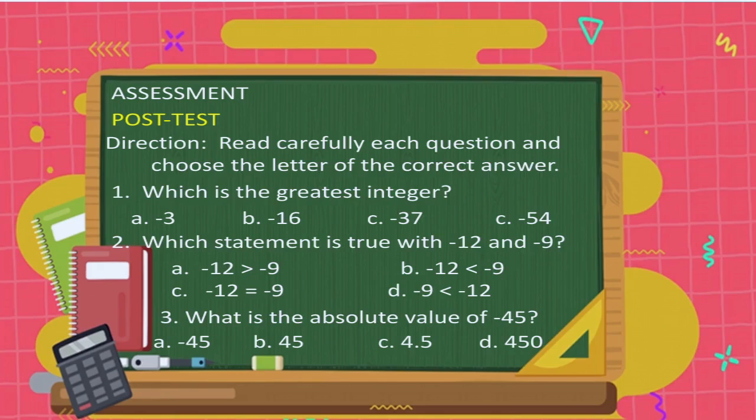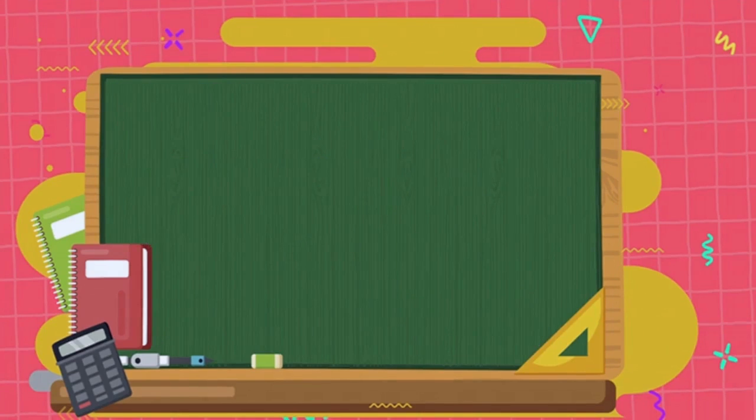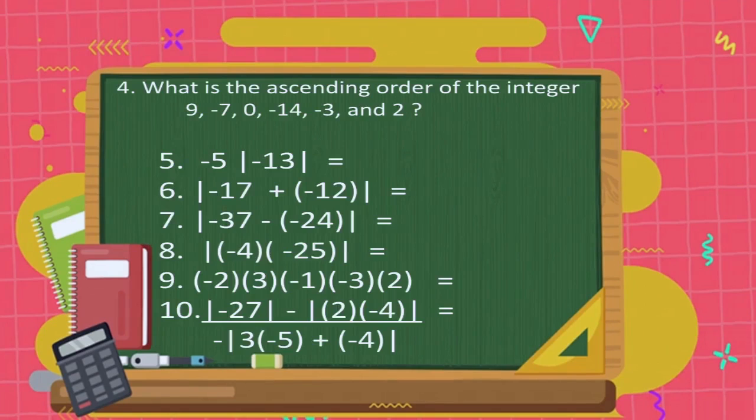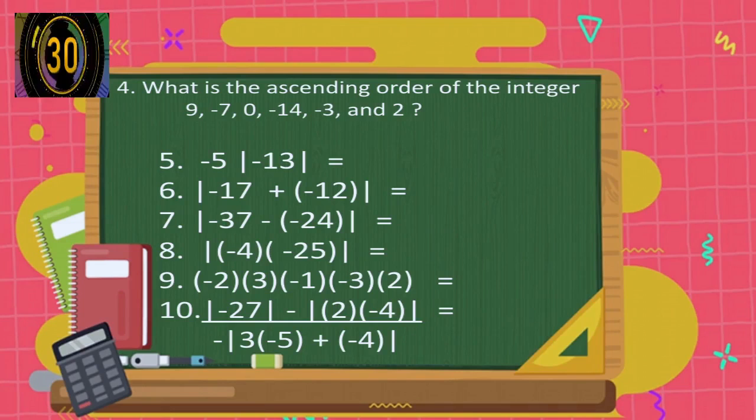Time's up. The answer for number 1 is A, number 2 is B, and number 3 is letter B again. Excellent. For number 4 up to number 10, I'll give you 30 seconds to answer. Time starts now.